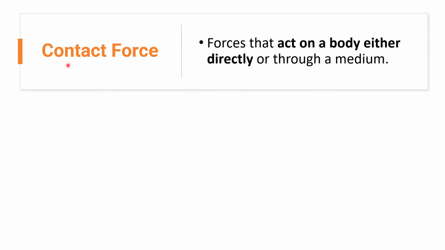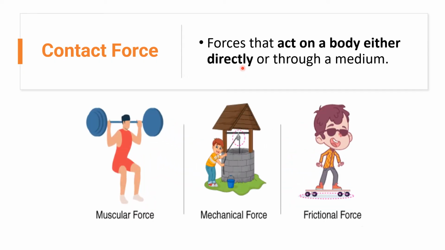From the word contact, there is a direct contact between the objects. For you to understand this one, I have samples. Muscular force is an example of contact force, mechanical force is also an example, and frictional force.